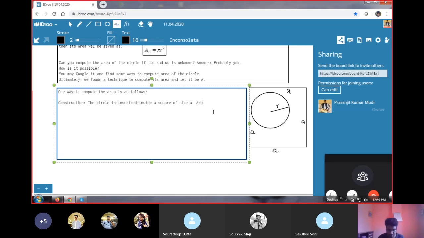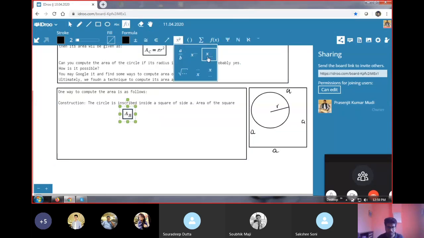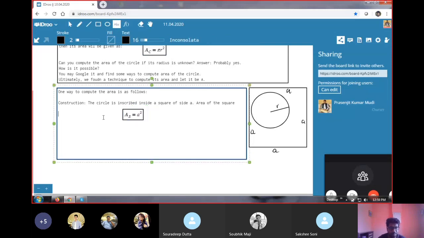So the area of the square, let's say S equal to A square.